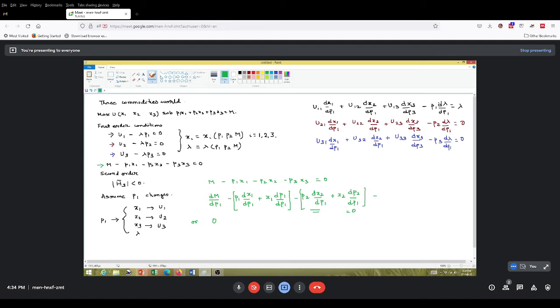So there's actually no point in writing this part. Okay, so in the third term, when I'm writing, this will be P3 dx3 by dP1. Remember that we are also going to have this x3 dP3 by dP1. This is x3 into 0. Okay, so we need not write this part. Okay, and this entire thing is equal to 0.